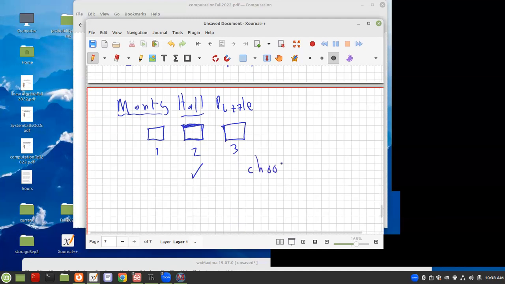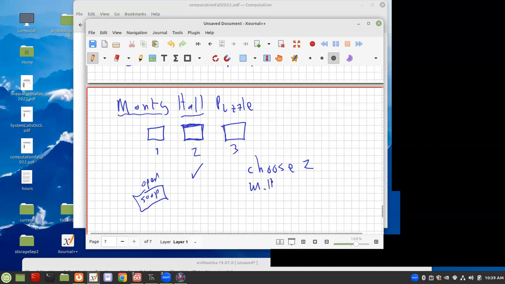Let's say they choose curtain or option 2. Well, then what Monty Hall would do is open one of the curtains that the person didn't choose. So for example, here you'd see a bar of soap behind number 1, so this would be opened.